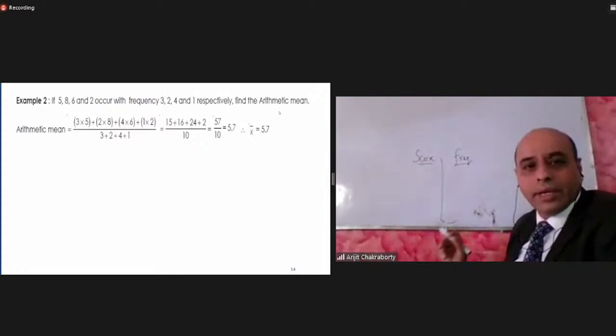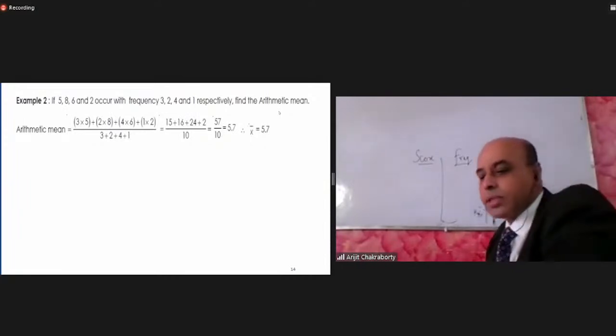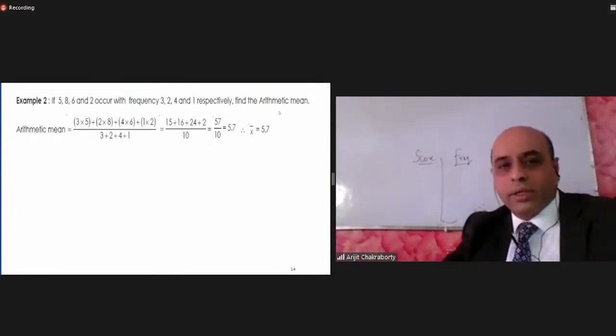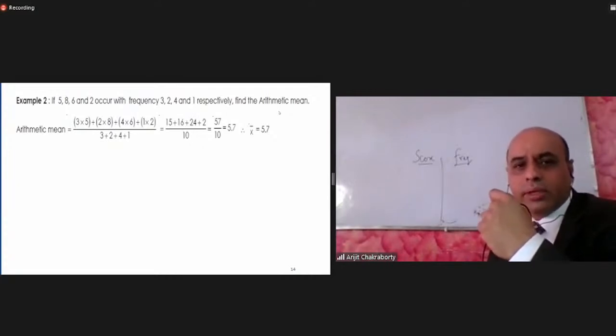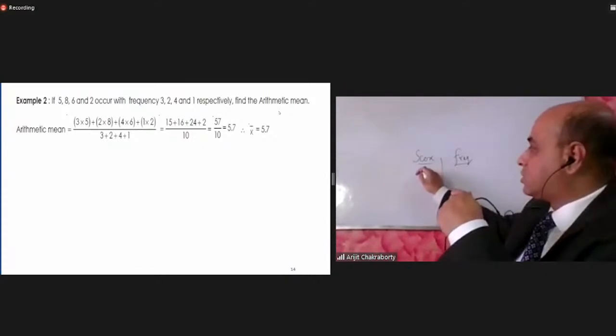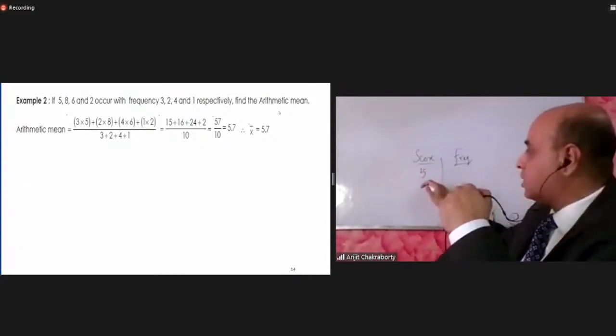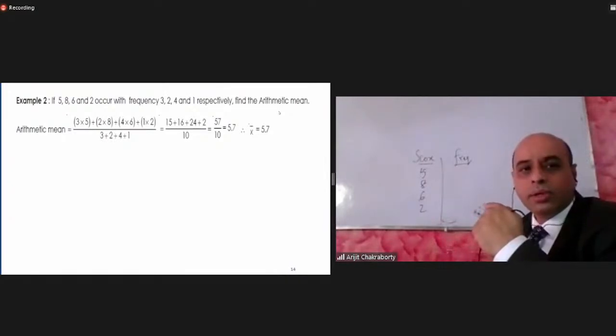Say for example, there is a class test going on and some scores are given out of 10. The teacher has taken an exam and there are 10 students. The scores people have got are, say, 5, 8, 6 and 2. How many people have got 5?